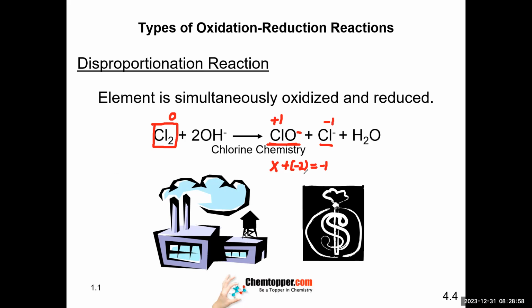Okay, so what is happening? Is there any change in the oxidation number of oxygen and hydrogen? No. Oxygen is minus 2, hydrogen is plus 1. So check the meaning of this disproportionation reaction. Here the chlorine gas is undergoing oxidation. This is oxidation.